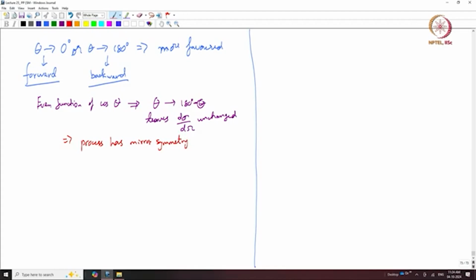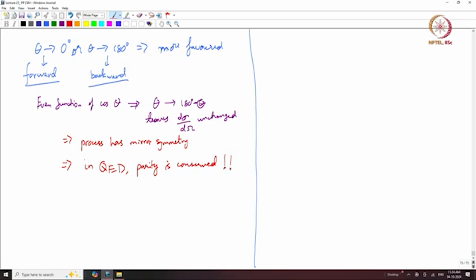Or there's one more way to say this, which we've been saying since almost the first few lectures, which is that in QED, parity is conserved. We knew this, right?